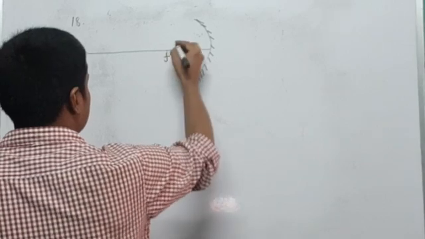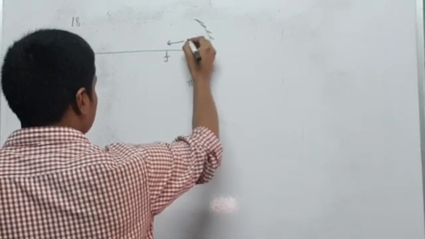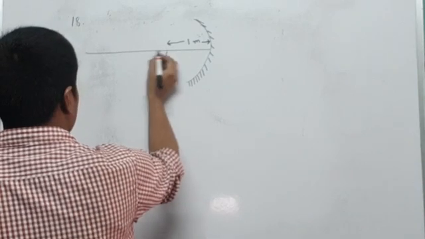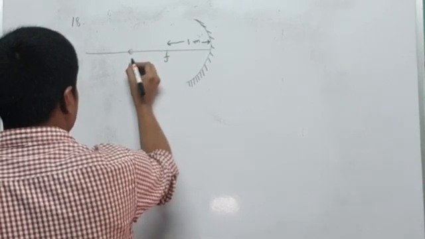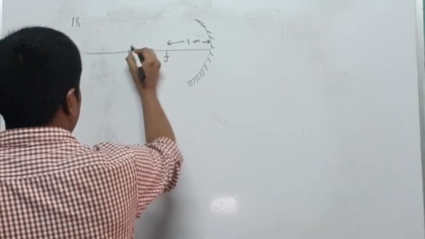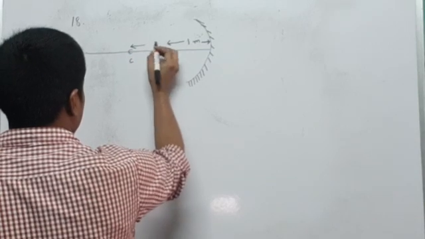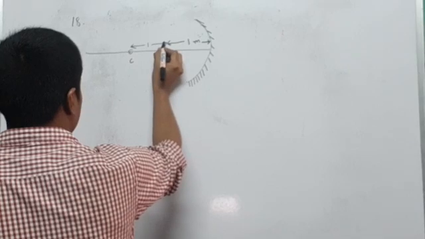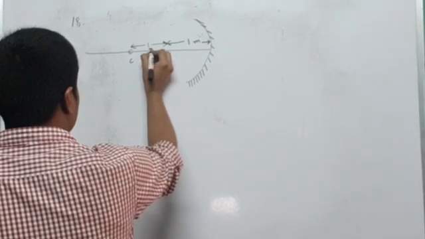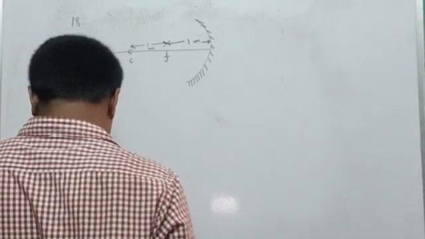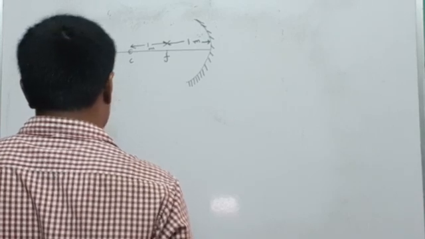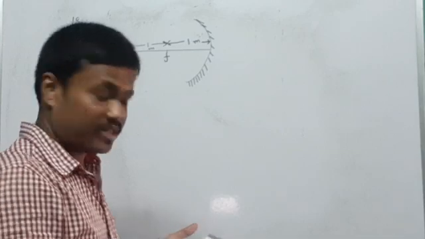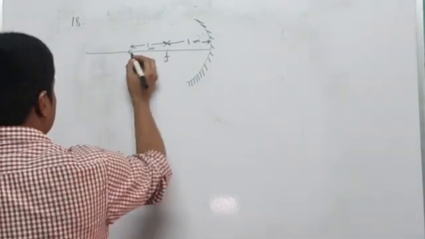So let's assume this is the focal point, and this is the focal length. Twice the focal length would be the radius of curvature, which is also 1 meter from here. And the rod is placed at a distance of 3 meters.